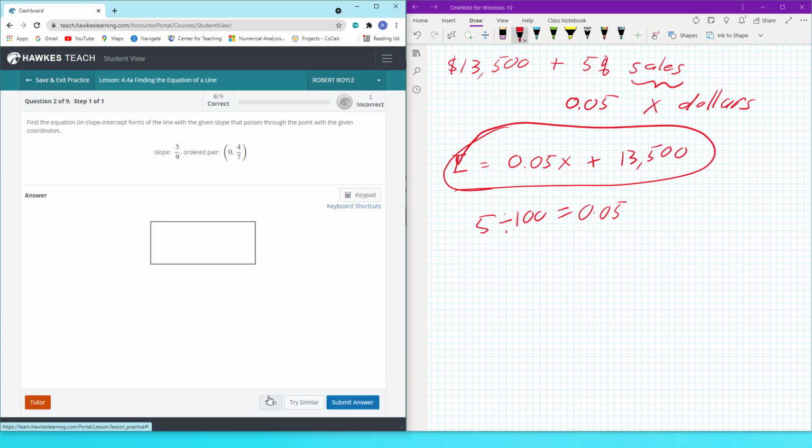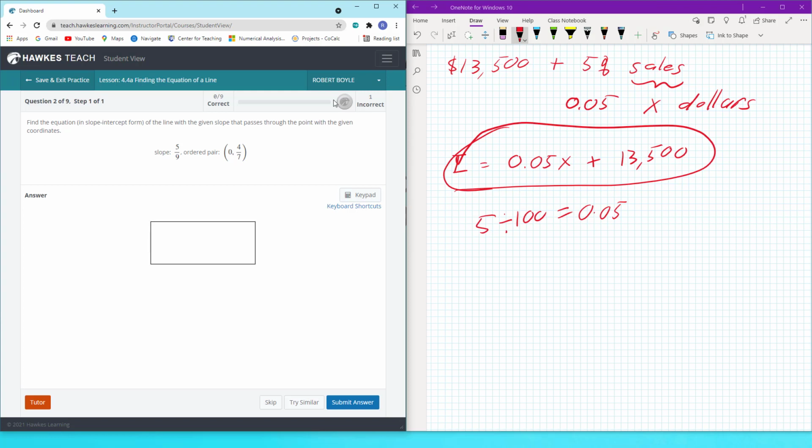Okay, so here we need to find the equation in slope-intercept form of the line with the given slope that passes through the point of the given coordinate. So the given slope is going to be 5/9, and the coordinate that we're looking at is (0, 4/7).